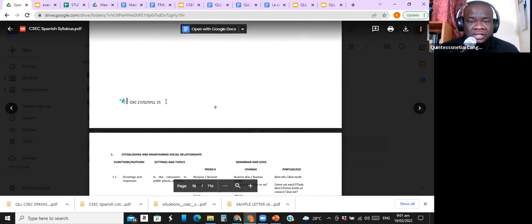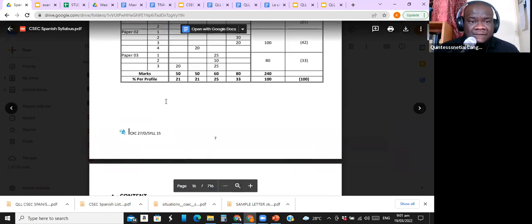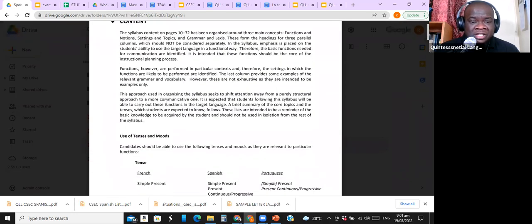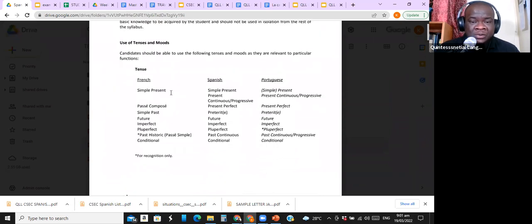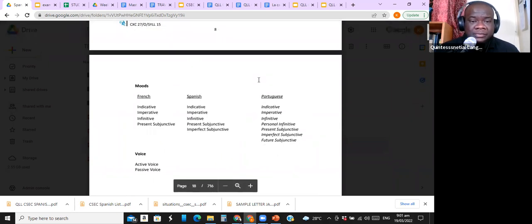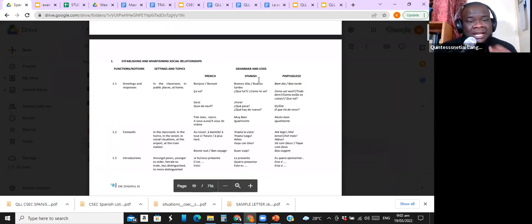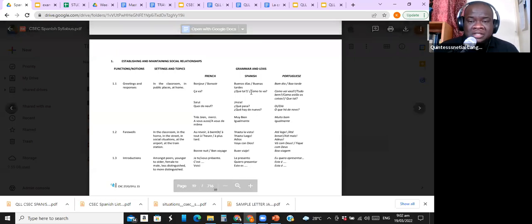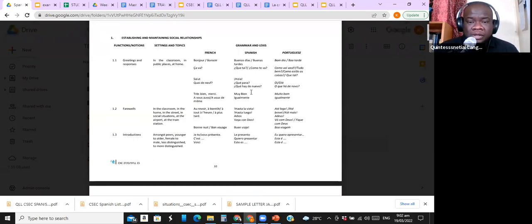You're scrolling to page 17. So the content of the syllabus, they'll tell you the tenses you need to know for each language: French, Spanish, Portuguese. And then there's a list of key expressions, etc. So let's look at some of them.